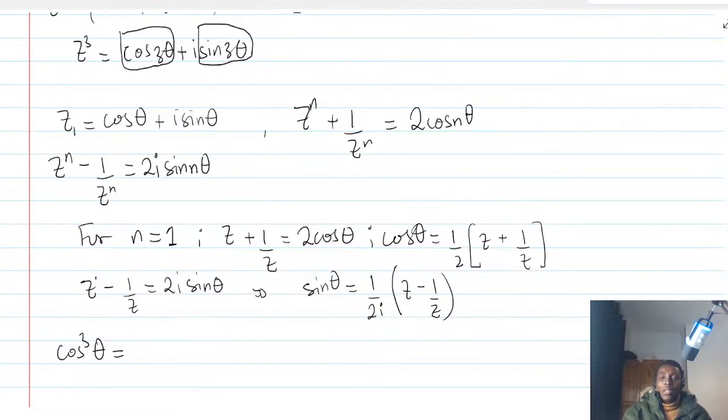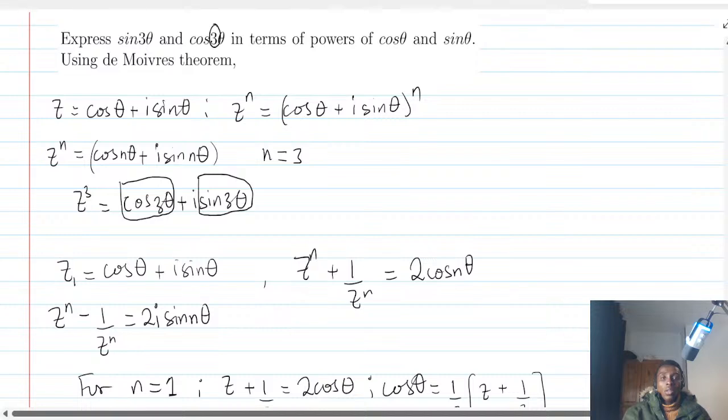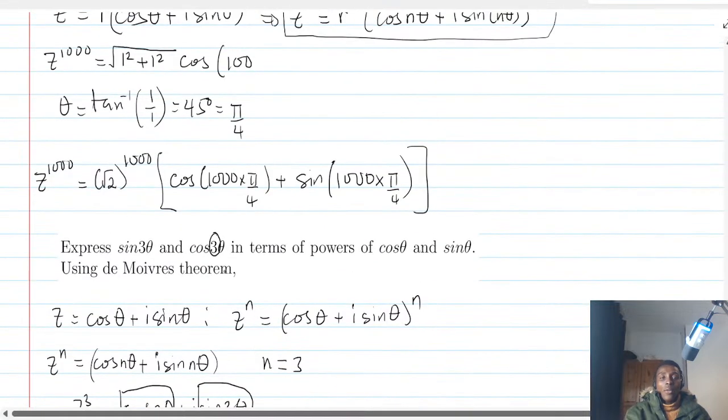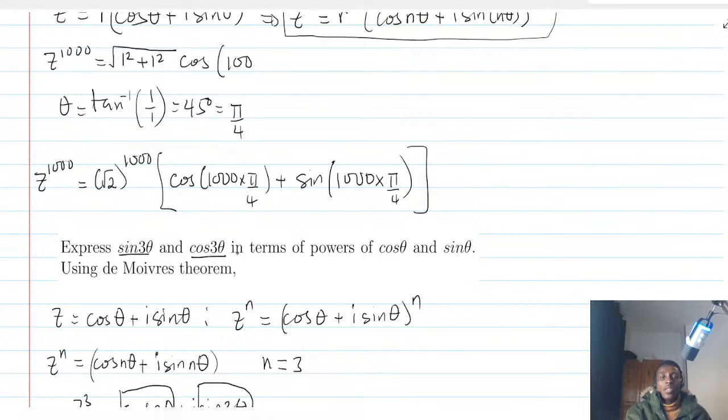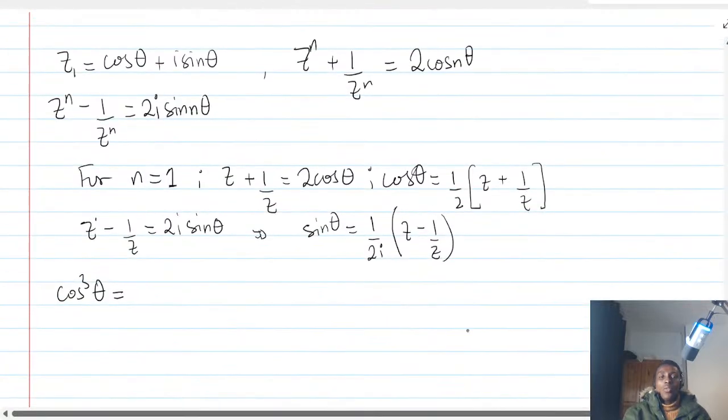Why are we doing this? Because the question said that we should express sine 3 theta and cos 3 theta in the powers of cos theta and sine theta.